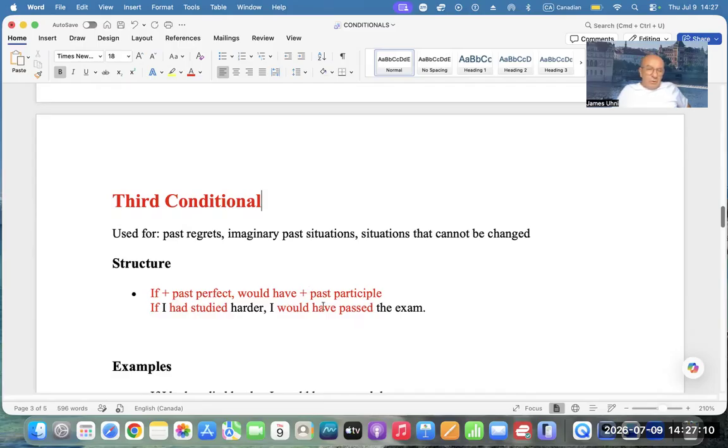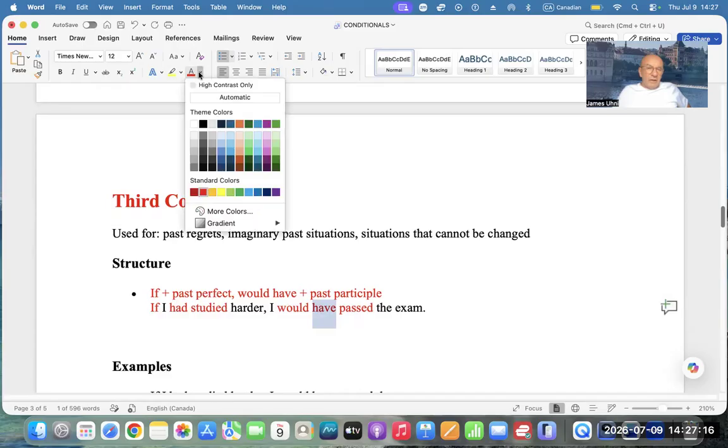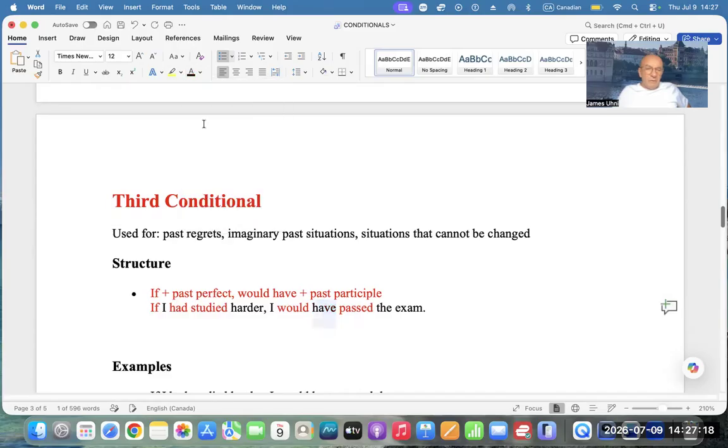participle. So what is have? So have is not in red. What is have? Because would is actually a helping verb at this point. Have is verb past participle.